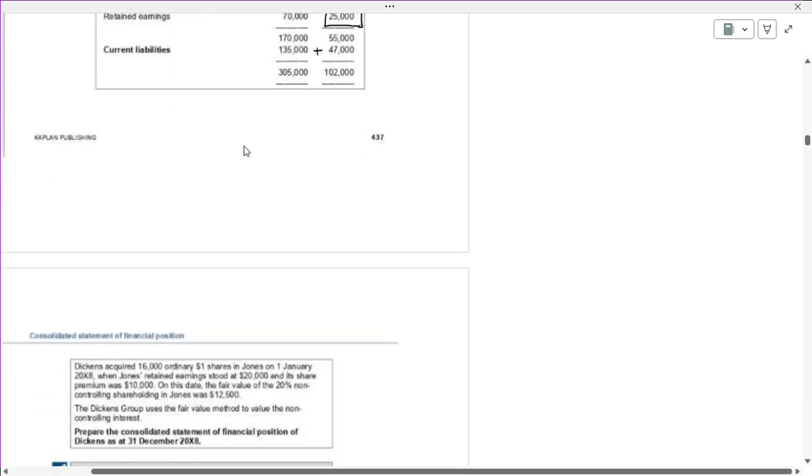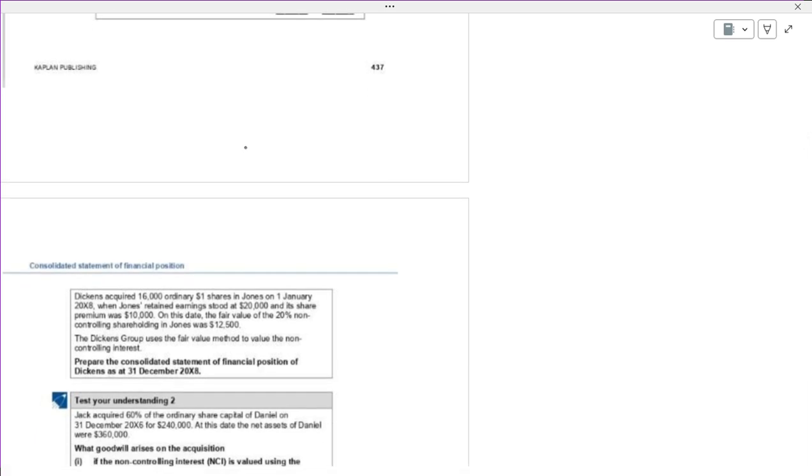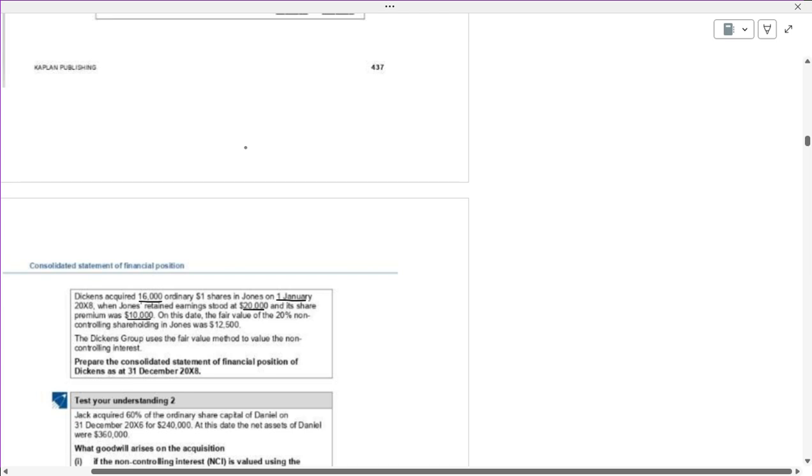What do they say? Deacon acquires how many shares? 16,000, acquired on 1st January. What are the retained earnings at the date of acquisition? At the date of acquisition, retained earnings are 20,000. Share premium is 10,000. What is the fair value of NCI? Fair value of NCI is 12,005. First question to understand, very slowly.